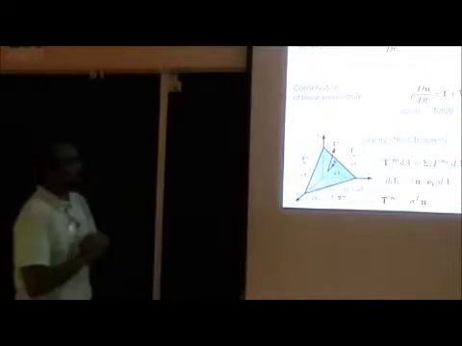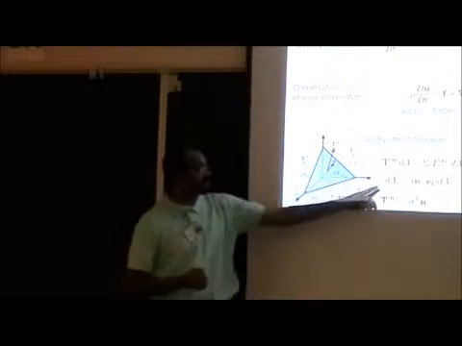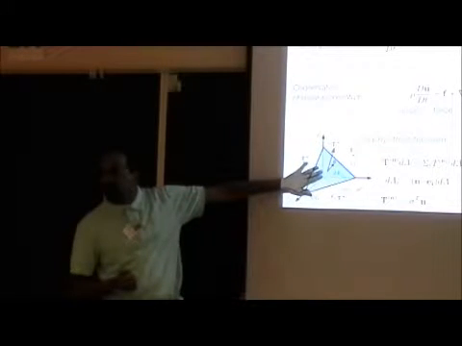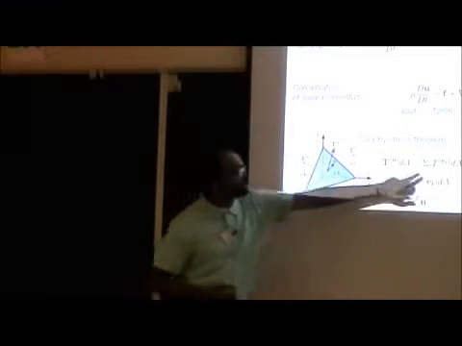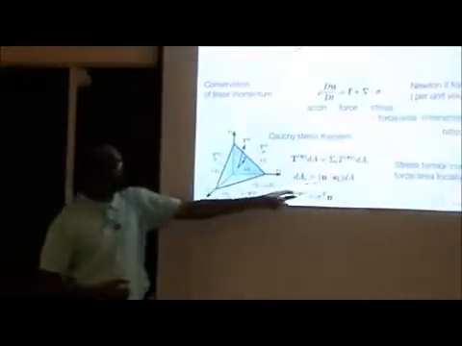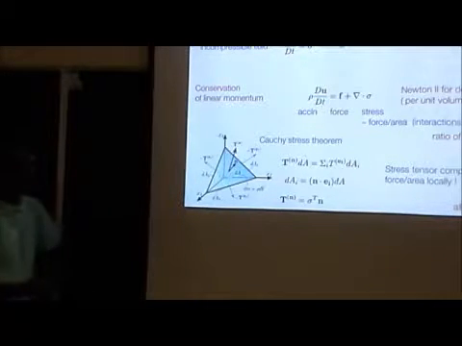That's it. Once I do that, I recognize that the area element itself is just the projection of the original area in the three directions. So dAi is just the normal to that tetrahedron projected onto the three different axes.